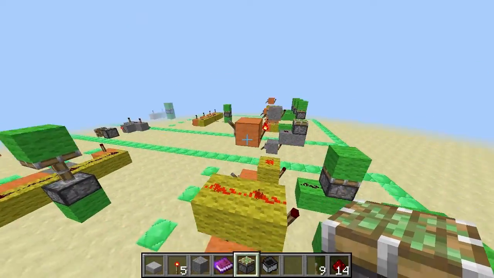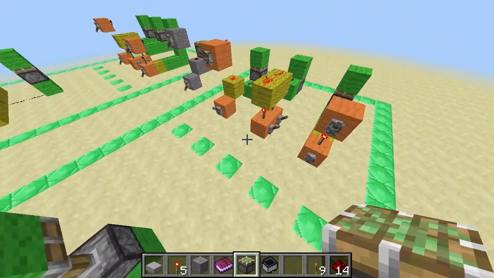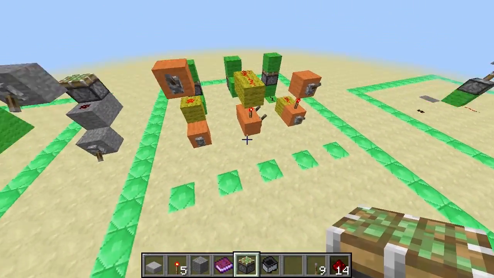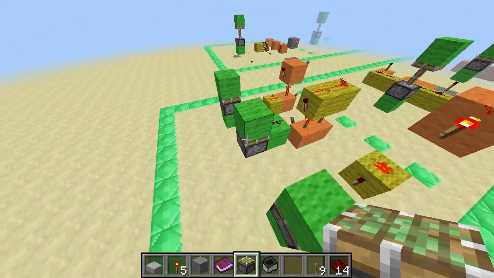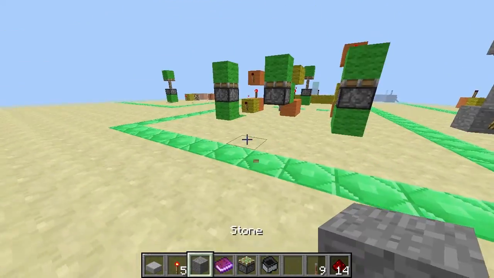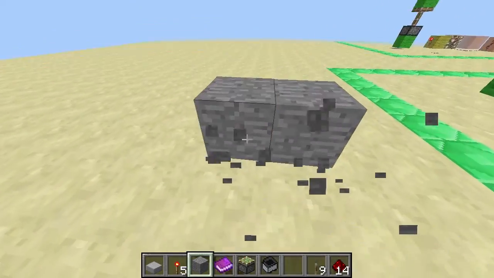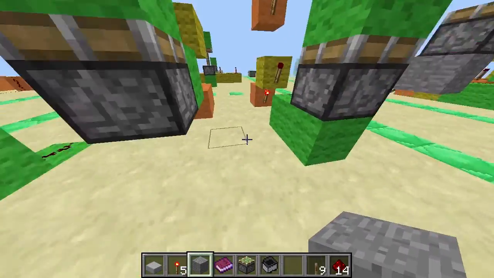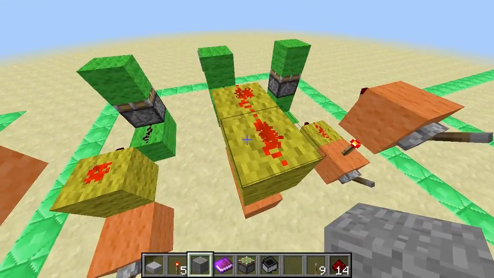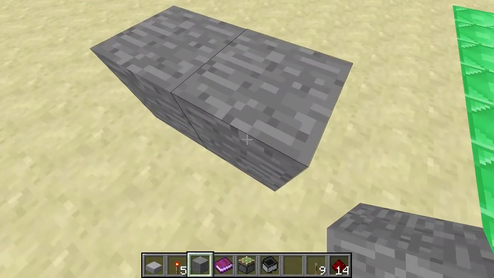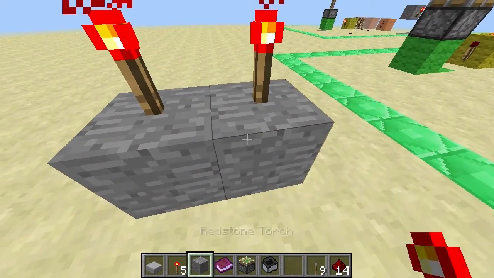Okay, what's going on here? Really? Okay, I haven't really seen this sort of setup before.